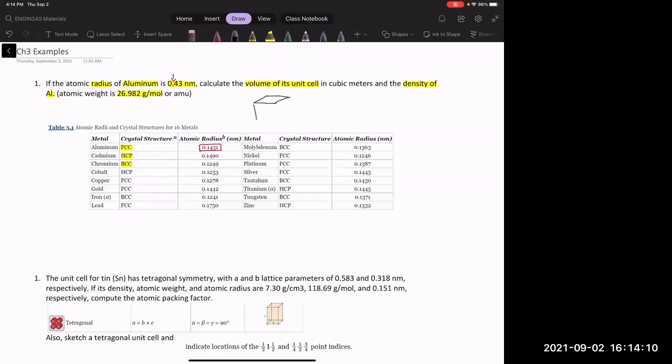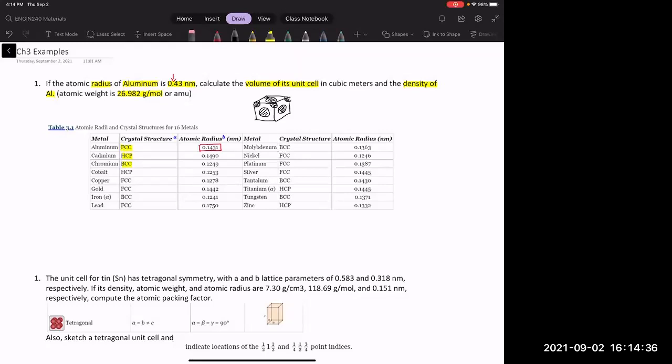So if this is a unit cell, FCC has a face atom on each one of the sides, and there are another three on the back and the bottom. Also, in each one of the corners, there's a partial atom.